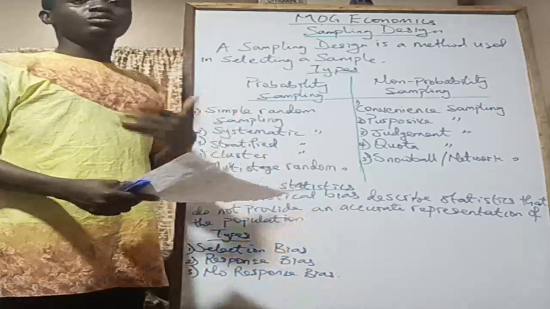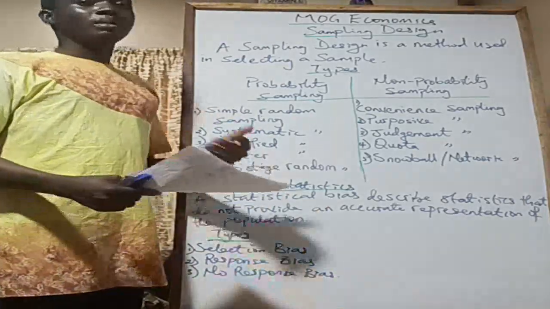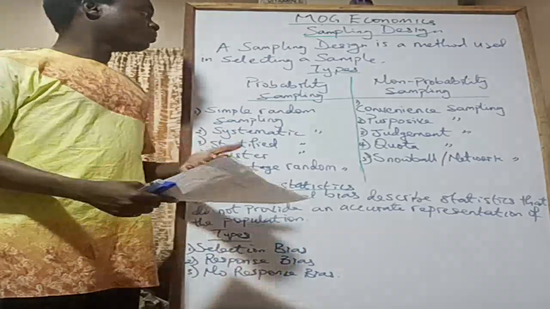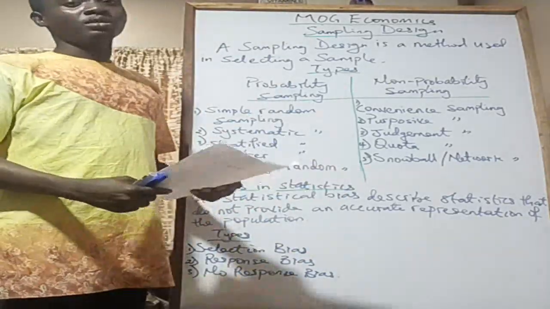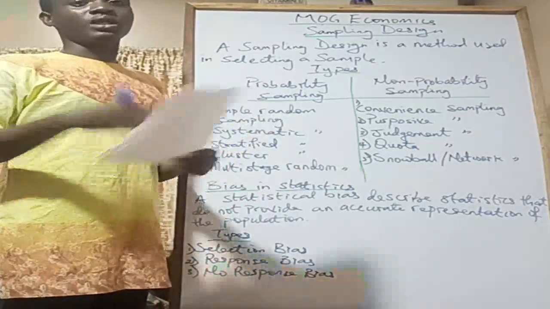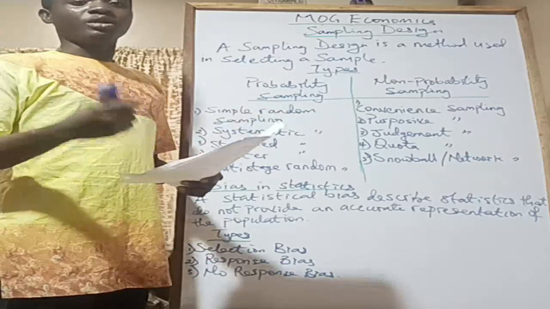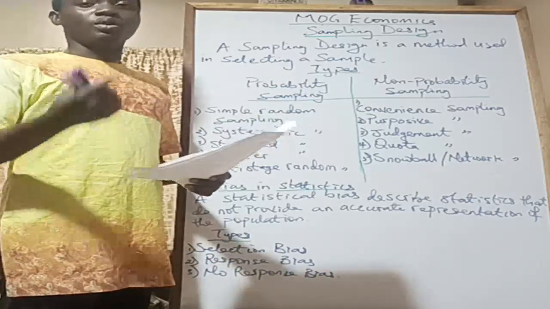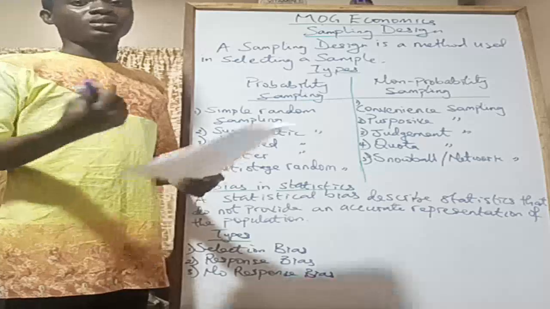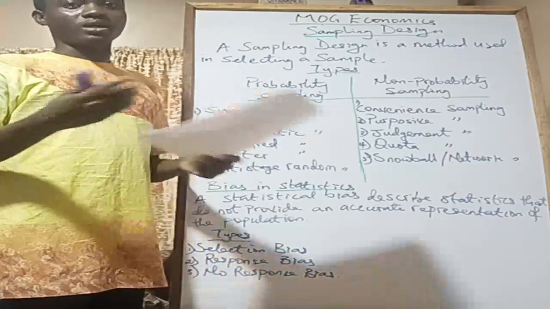Now, there are two broad categories of sample designs. So we have probability sampling, and then we have non-probability sampling. Probability sampling is a sampling that is based on chance. That is, the respondents or the sample participants are going to be selected based on probability or chance.